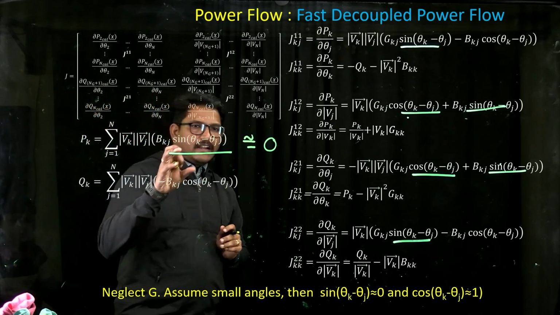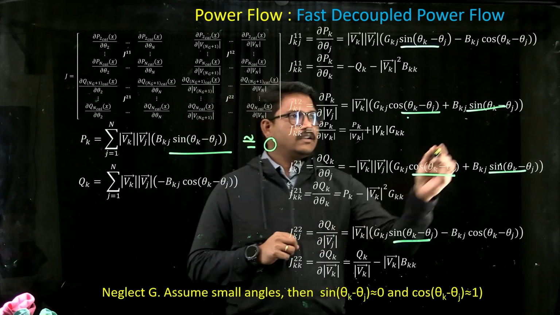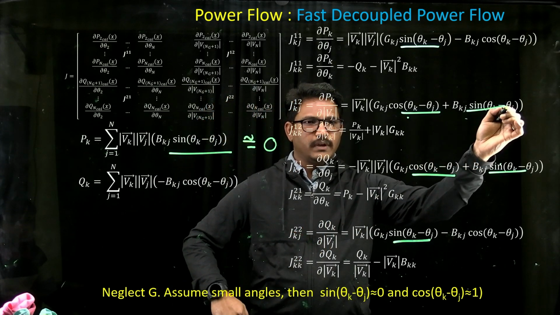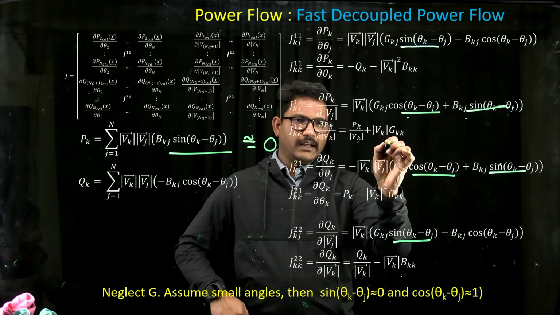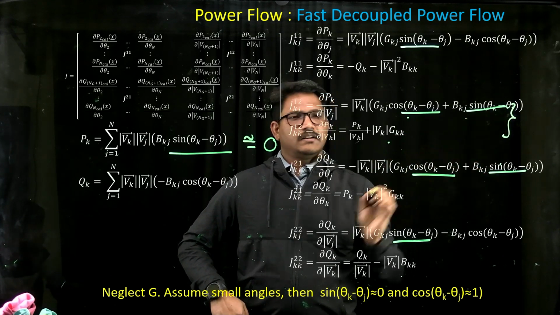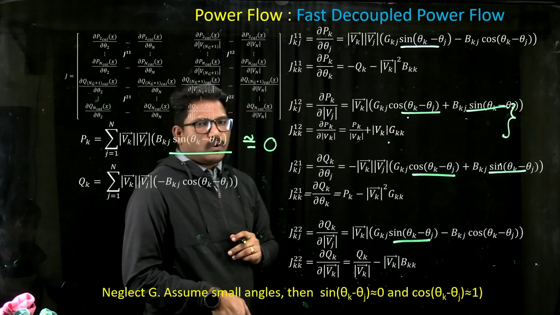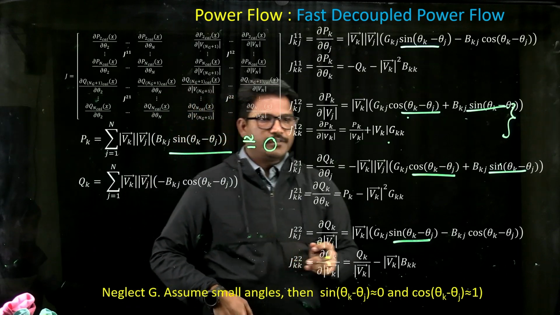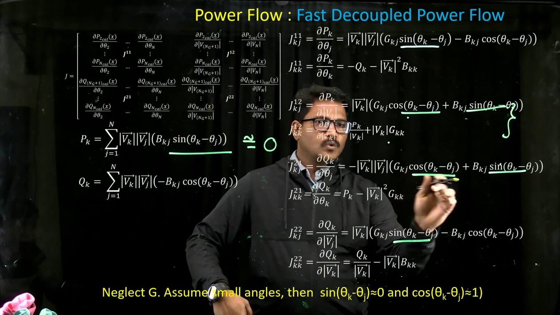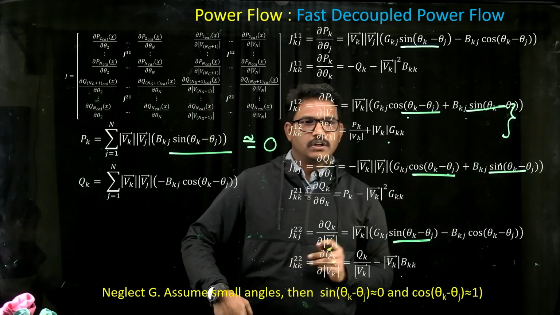So because of that assumption, you see that the first term in J12 is almost neglected, and the second term is also going to be neglected. So that is where you can consider that J12 can be fully neglected after these assumptions. And if you look at J21, it also has its first two terms neglected.